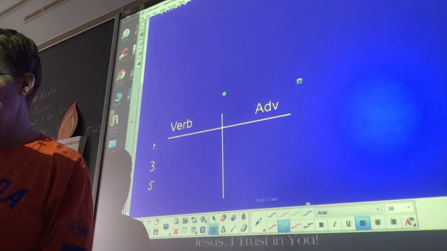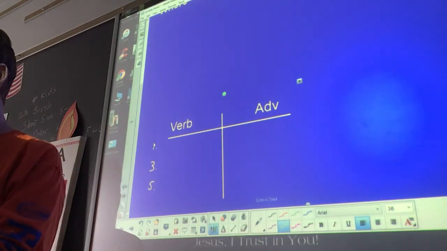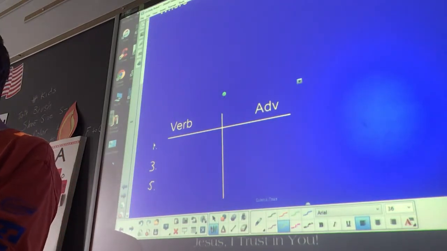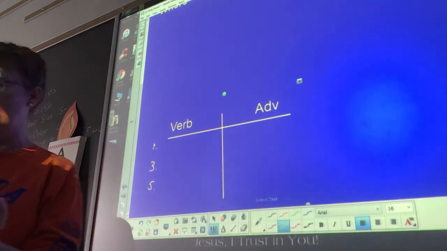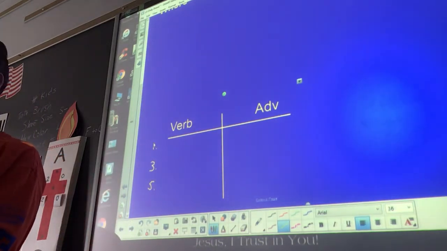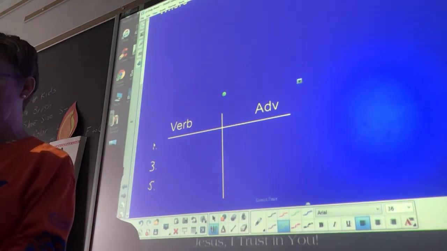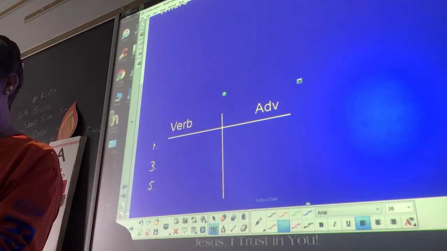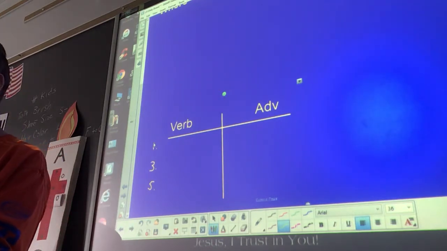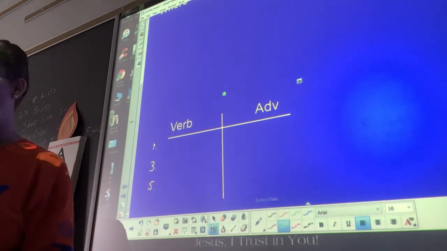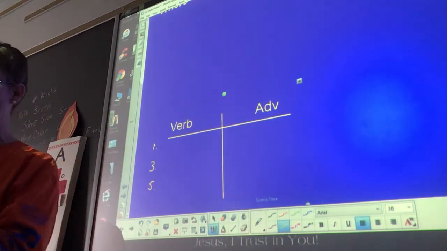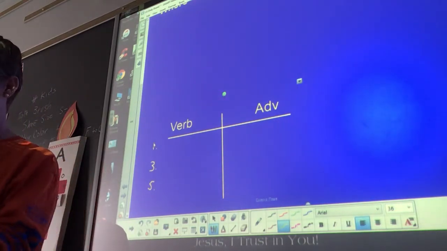On 1 through 5, the directions say, name the adverb and the verb that it modifies in each sentence. Now, they say to find the adverb first, but it's easier if you find the verb. So let's look at number 1. Sandy suddenly decided to visit her grandmother. Okay, so find the verb. What did Sandy do?